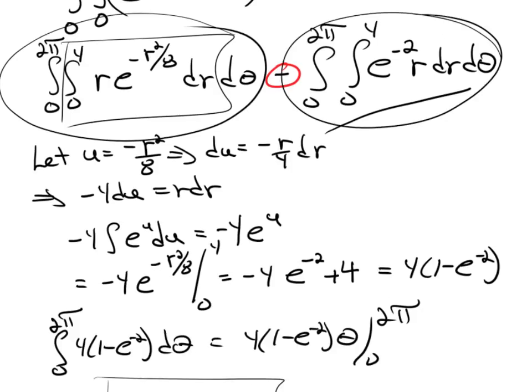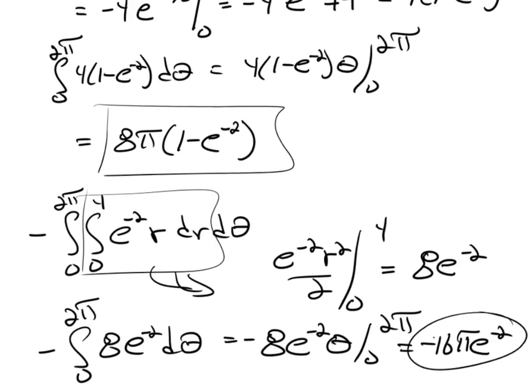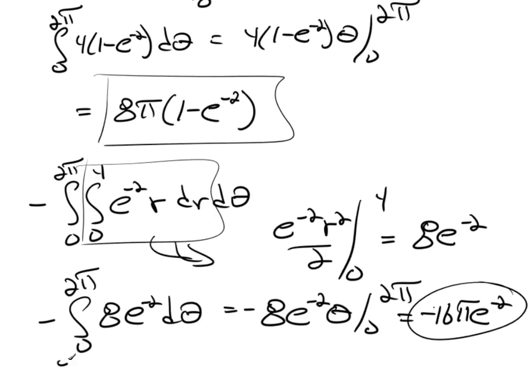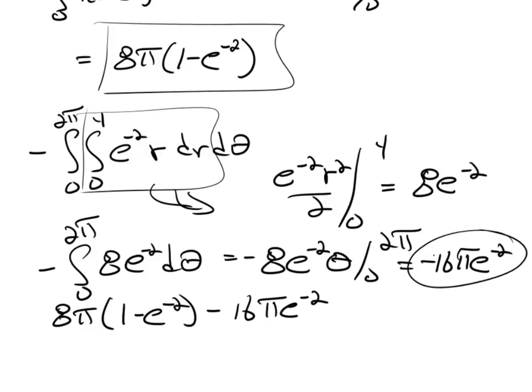So now I want to combine them, and I will get 8 pi times 1 minus e to the negative 2 minus 16 pi times e to the negative 2. Now this I can do a little simplification with.